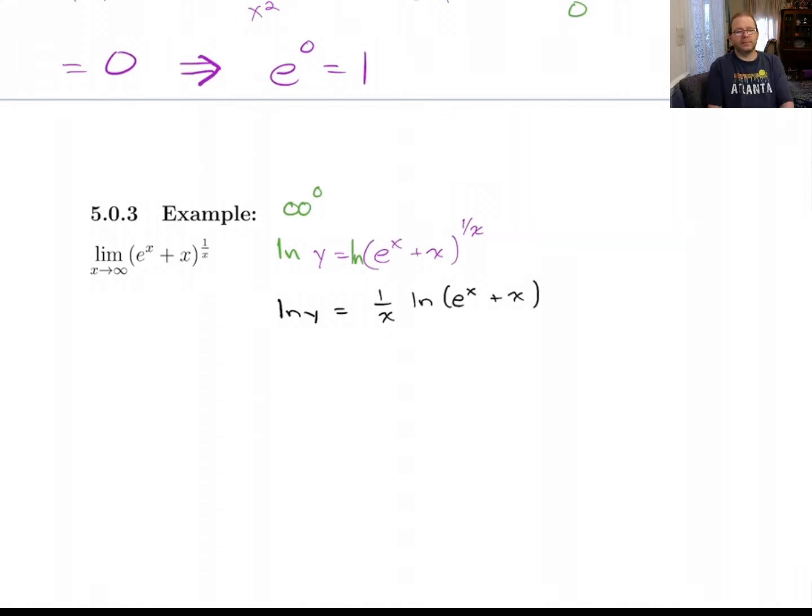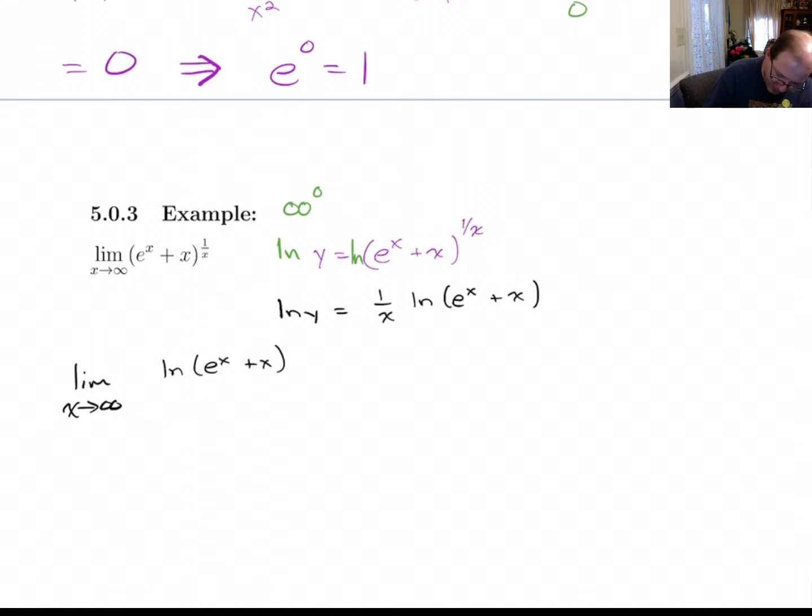All right. So let's see. Now we'll take the limit of this. The limit as x goes to infinity of ln(e^x + x) over x.